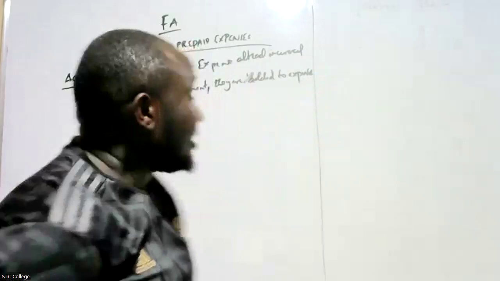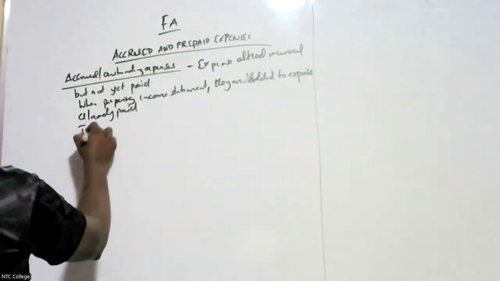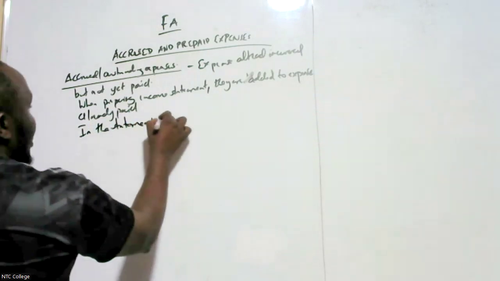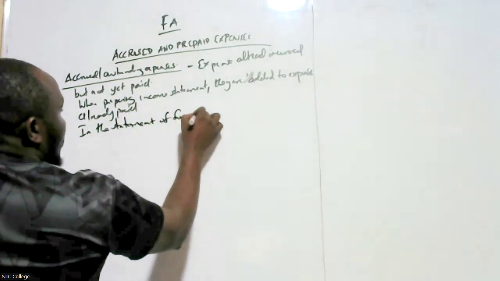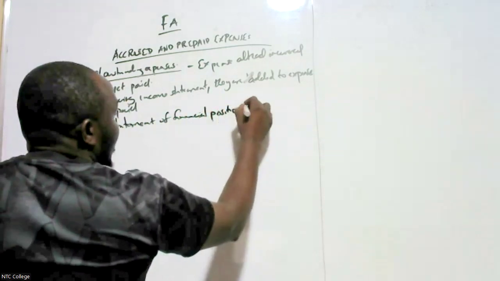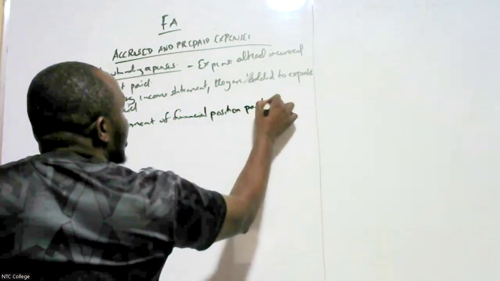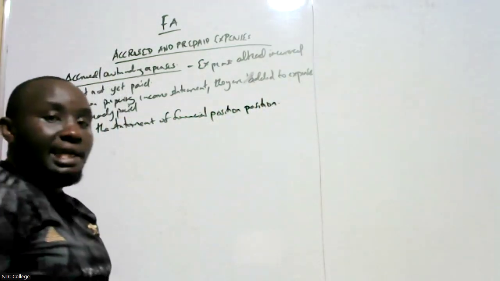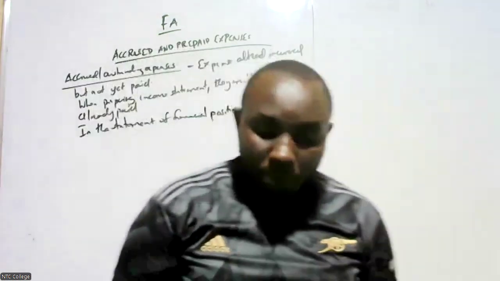Then we need to understand how you treat them in the statement of financial position. Look at when you're doing the assets and liabilities. Accrued expenses, how do you treat them?